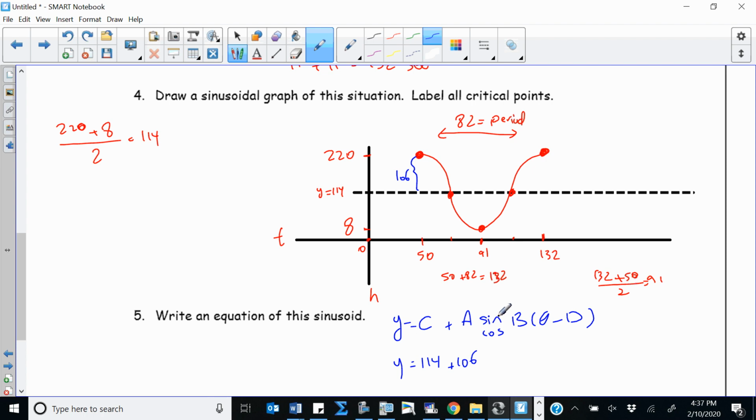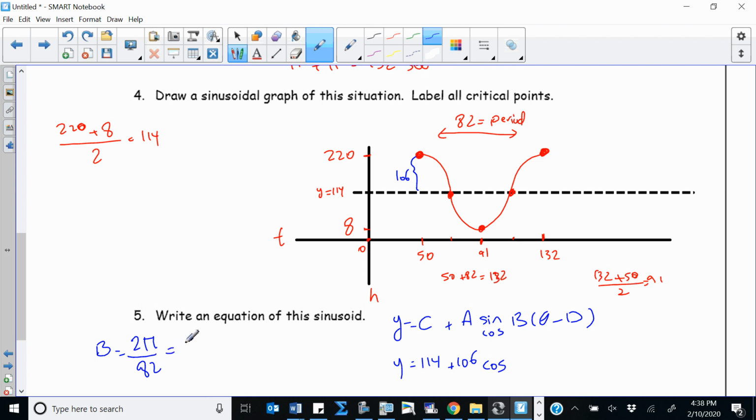And because the graph is starting with a high point, I know that I'm writing a cosine function, so I'm going to write cosine. To find the b value, we know that b is 2 pi divided by the period. We're working with radians, that's why we take 2 pi, divided by the period, which is 82.